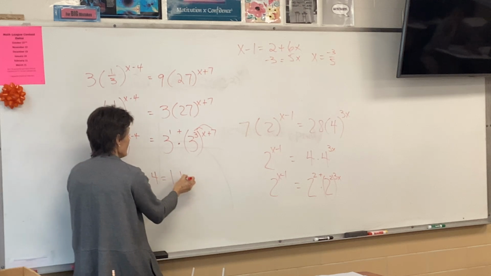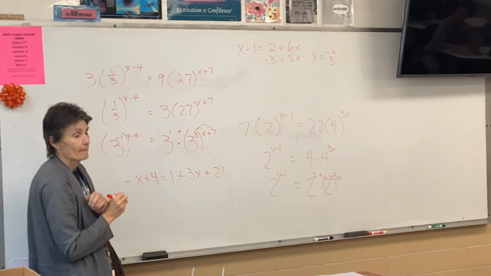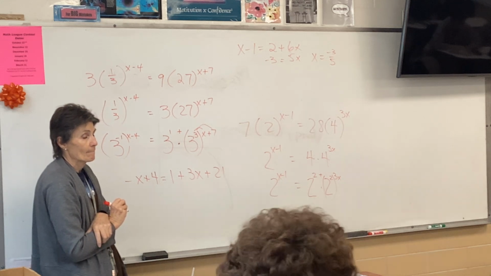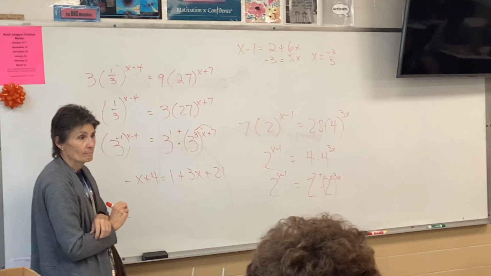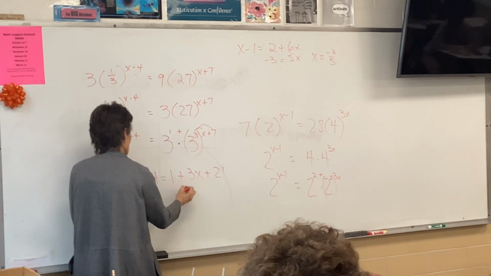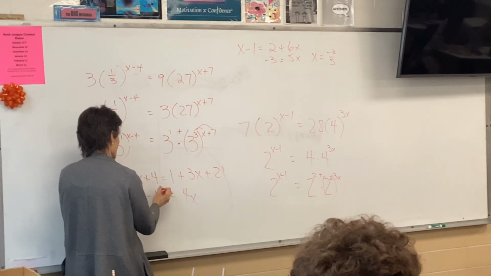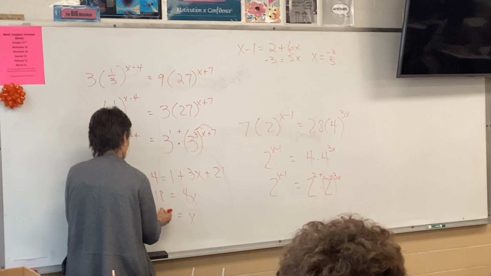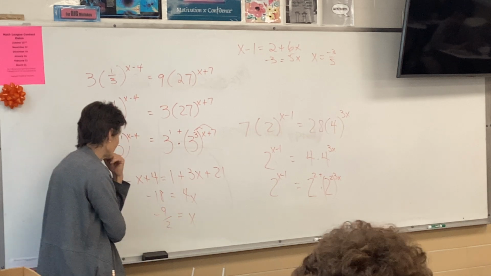So 1 plus 3x plus 21. So it looks like 4x is going to equal, I don't know, I did that in my head, that could be wrong.